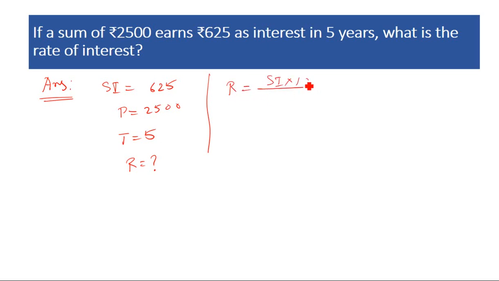R is equal to SI into 100 by P into T. 625 into 100 by 2500 into 5. Correct answer is 5%.